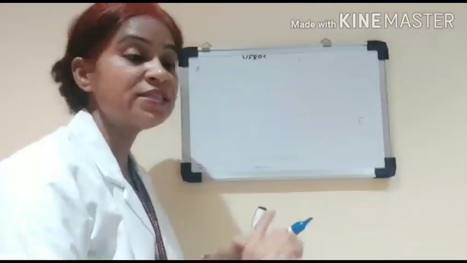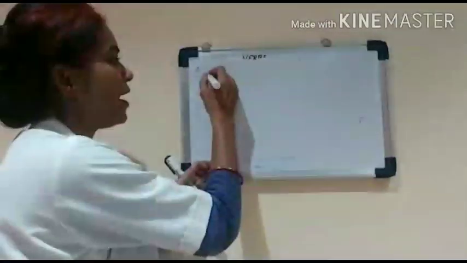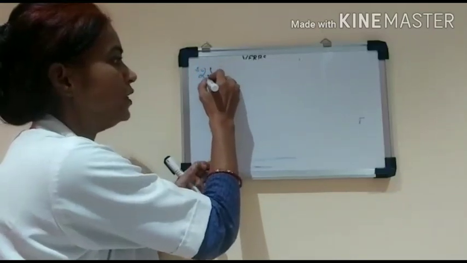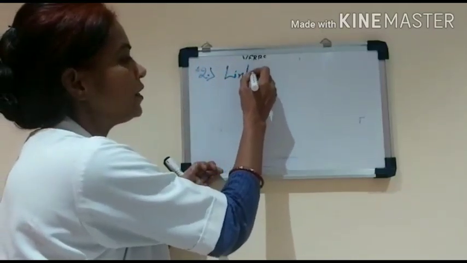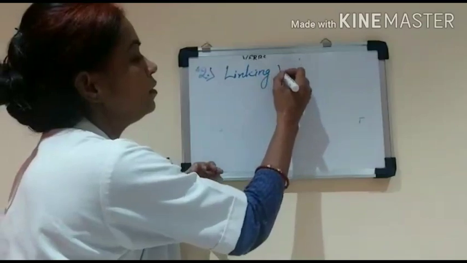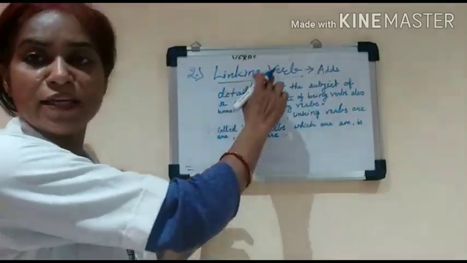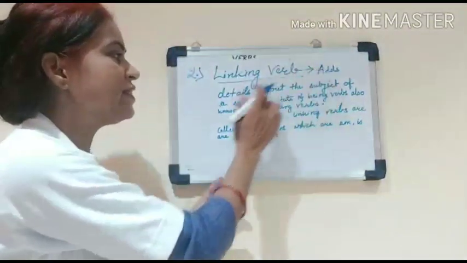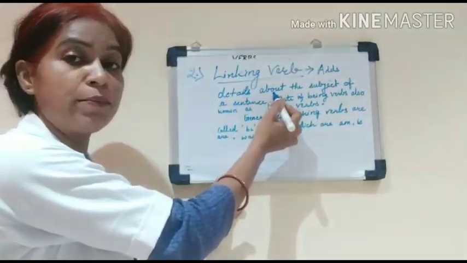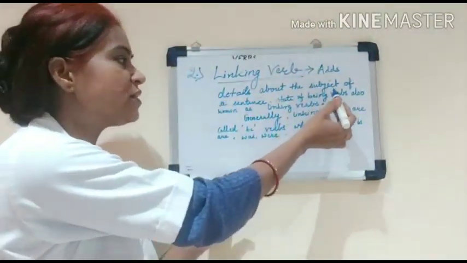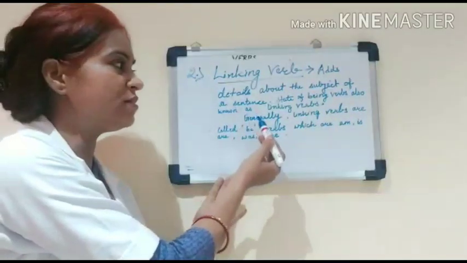The next type was the linking verb, as I have shown you earlier. A linking verb adds details about the subject of a sentence.